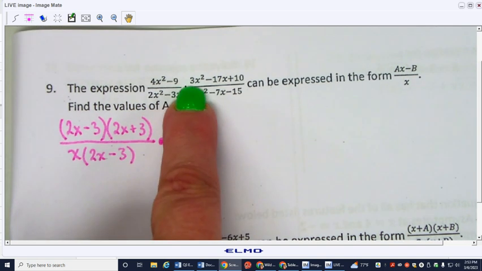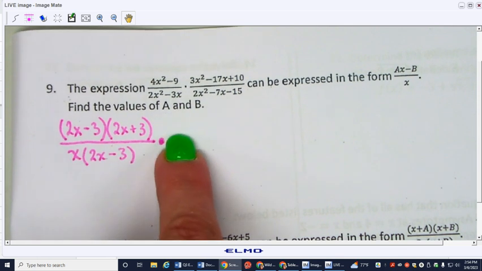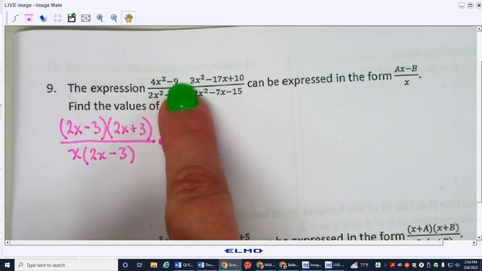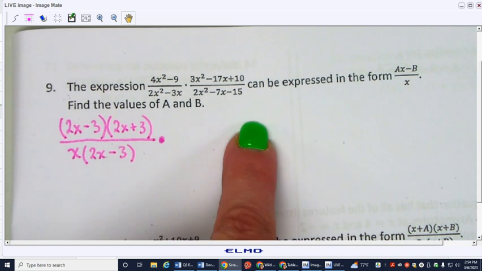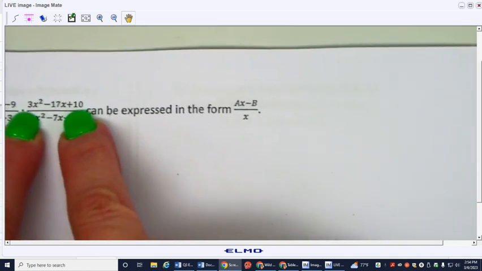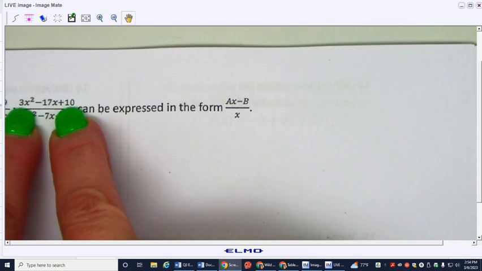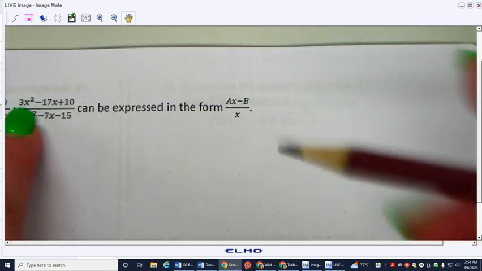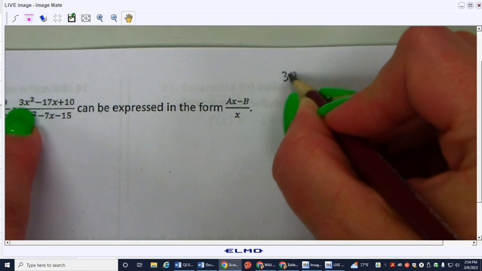Because I have a 3 in front of this x squared, I'm going to have to factor by grouping, which means I'm going to come off to the side to do that, because I'm not going to be able to go straight to writing it here. If I had a 1 there, it would be simple. But I don't. I have to take my outside terms, my 3 and my 10, and multiply these two together and get a positive 30.